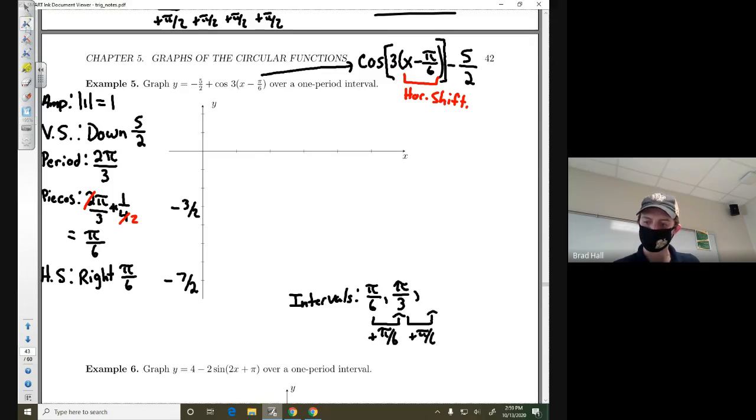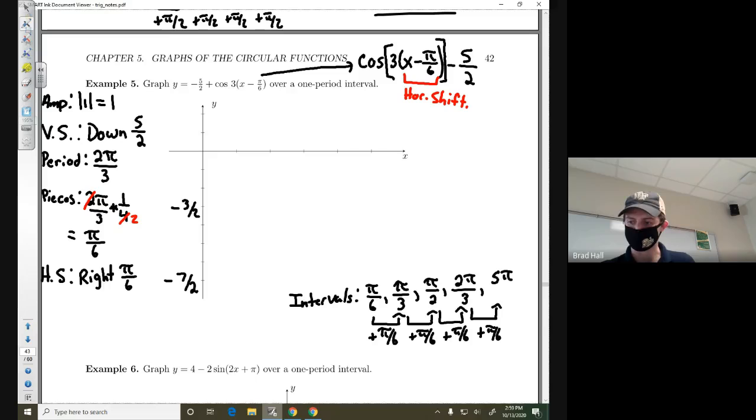Plus another pi/6, it's going to be pi/2. Plus another pi/6, it's 2 pi/3. And then one more. So that's 5 pi/6.